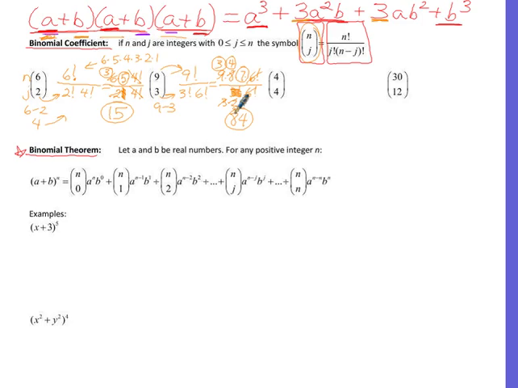This also explains the strange result in the fraction here, since 4 factorial over 4 factorial, top number, bottom number, and then 4 minus 4 is 0 factorial.